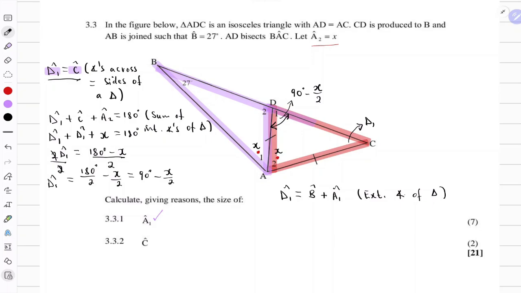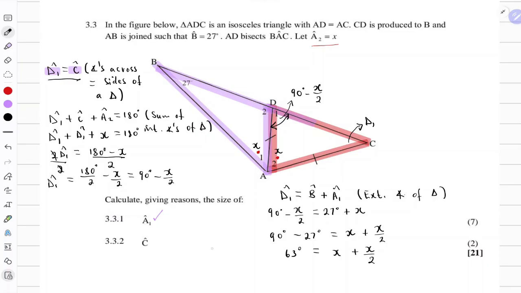So D1 we've seen is 90 degrees minus X over 2, angle B is 27 degrees, and angle A1 is X. So we can group like terms. So this is 90 degrees minus 27 degrees is equal to X plus X over 2. So this is 63 degrees is equal to X plus X over 2.